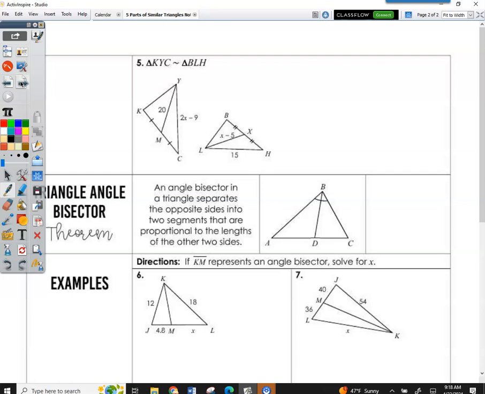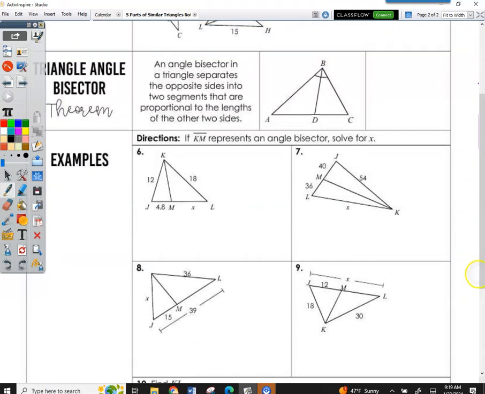This is your homework. Go down to where it says triangle angle bisector. Notice the picture looks the same as one of the ones on the front. But this time there's just one line instead of two. This is still an angle bisector. The difference here is, look at all of these examples. The only info we have is from the outside.